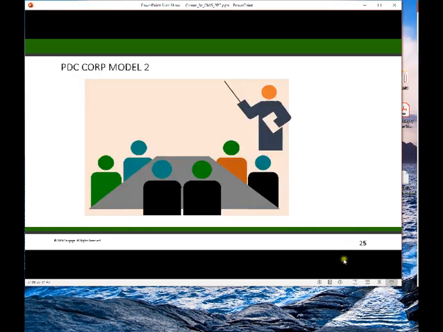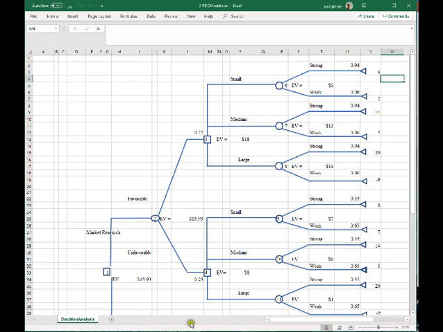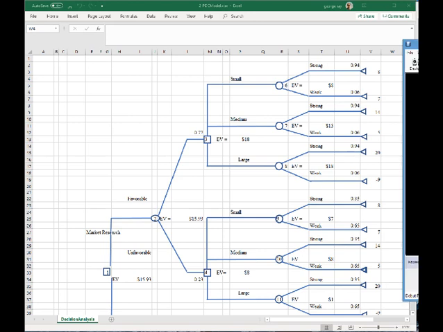So let's take a look at our model and how it's going to change as a result of this.